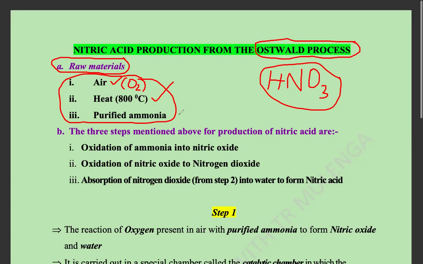We also need to have ammonia, not impure ammonia, but ammonia that is purified. And before you look at ammonia, you should have also learned the Haber process, like I mentioned earlier, because it's the process from which the ammonia is obtained. So those are the three raw materials that we need: heat at 800 degrees centigrade, air, where we get oxygen, and purified ammonia.